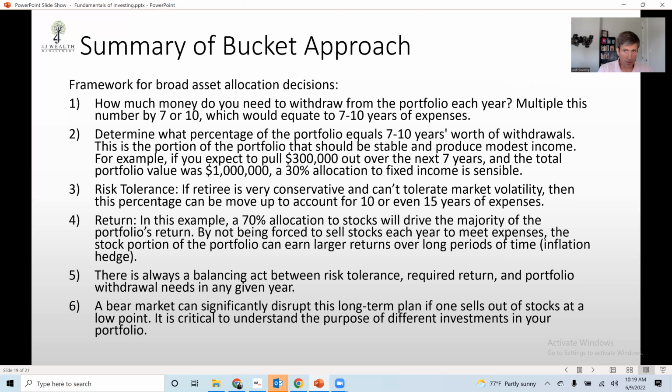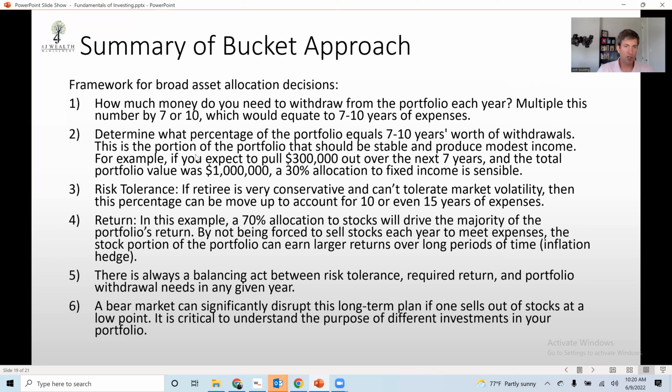Multiply whatever that number is by 7 or 10, which would equate to about 7 to 10 years worth of expenses. The idea there is we want to set aside that amount of money for withdrawals where it's not invested in stocks, so that you don't have to rely on stock market returns to fulfill your lifestyle, right?